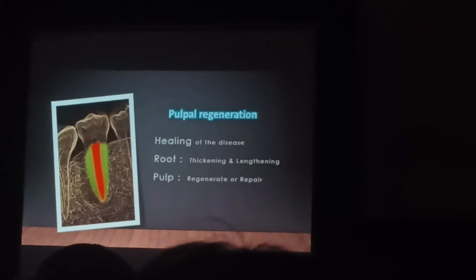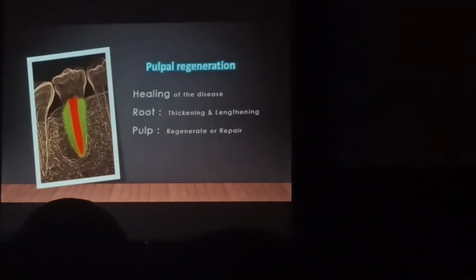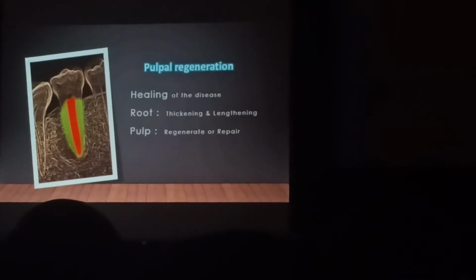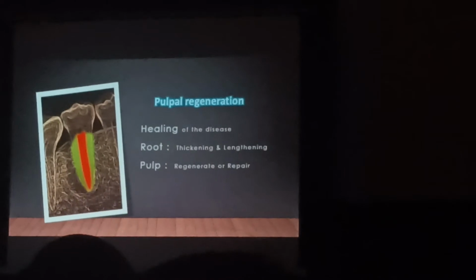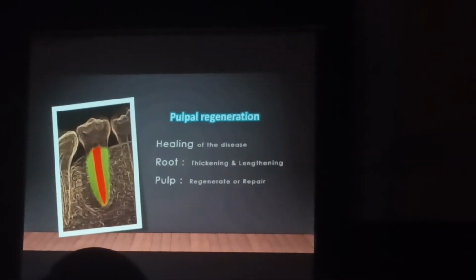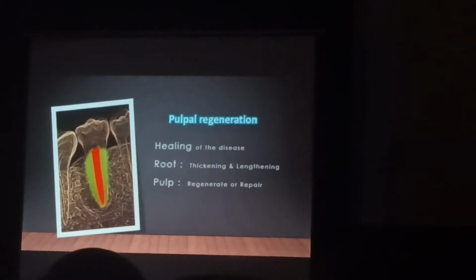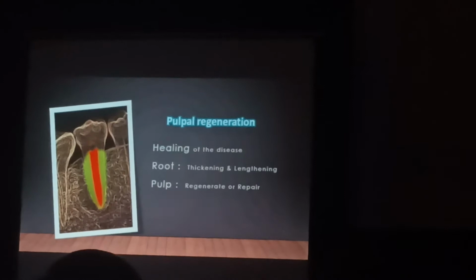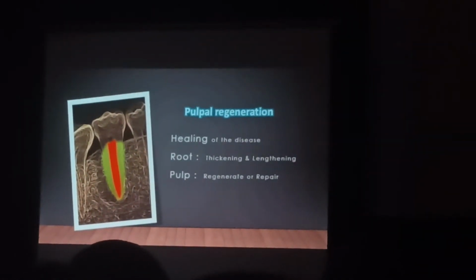These techniques have been in our field for about 15 or 20 years. They can improve pulpal healing, thicken and strengthen the root, and also provide pulpal repair or regeneration inside.